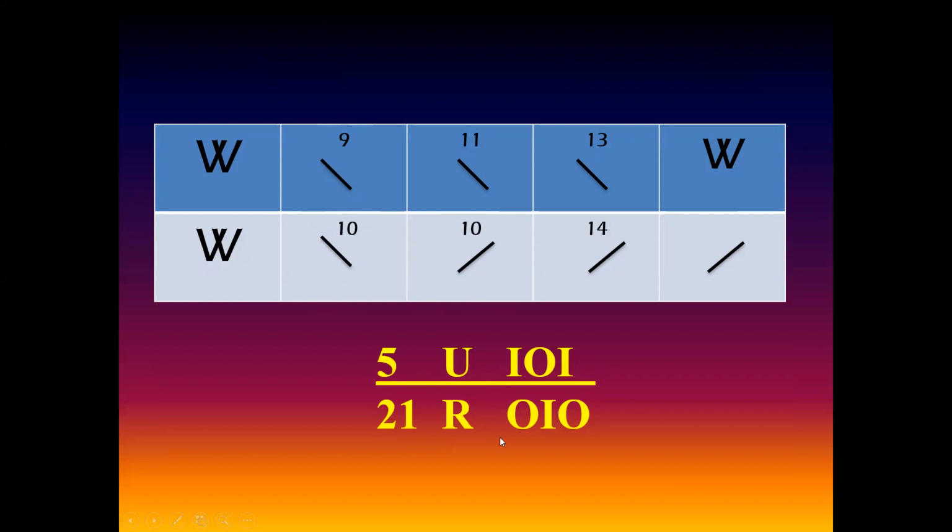So U over R. 1 to 9 inclusive. So for the index finger, that is inner over outer. Middle finger 1 to 10 inclusive, so that is outer over inner. And then for the ring finger 1 to 13 inclusive, so that is inner over outer.